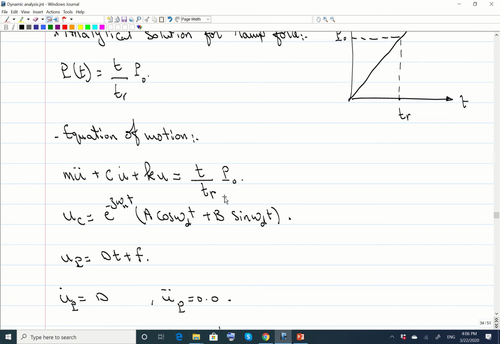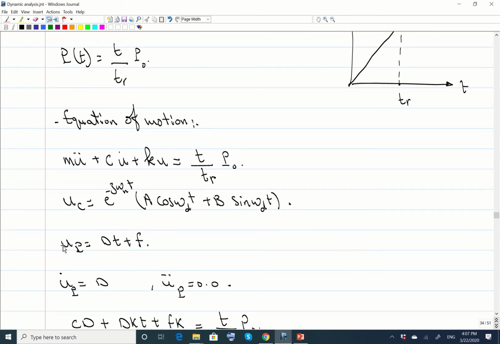The particular solution, how do we find the particular solution? We assume it's a summation of algebraic functions that have the highest term that is equal to this one here. So this is t, so we're going to assume it's d t plus some constant f. This is just an assumption. How much is d, how much is f? Can d be 0, can f be 0? We're going to see.